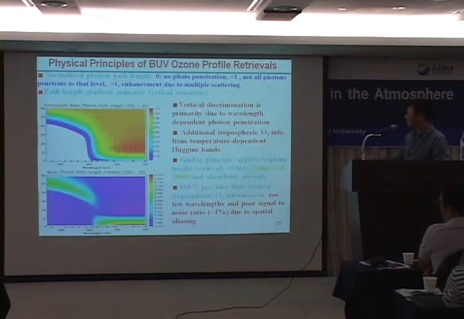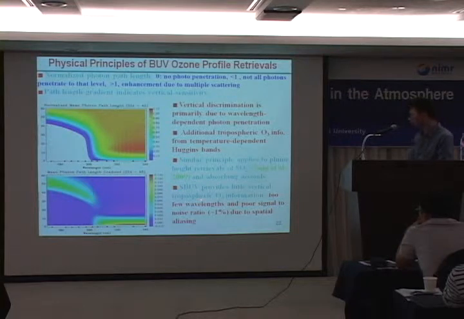Basically, the vertical information comes from the wavelength-dependent photon penetration because of the property of the ozone absorption cross section, and we can also get additional information from the temperature-dependent Huggins bands. The same principle has been applied to SO2 retrieval to derive height information.